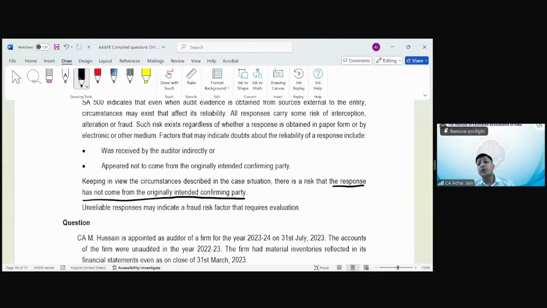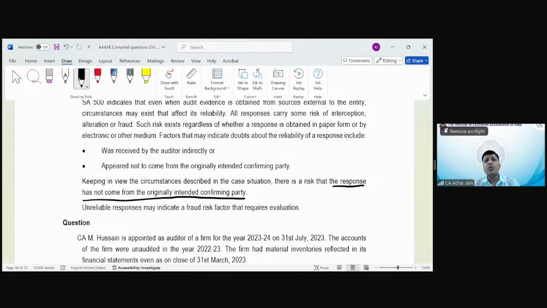So you will have to get into the details of those transactions, those invoices, work done with those parties. All of those things you are required to look at. Further, you also need to understand the existence of those parties.